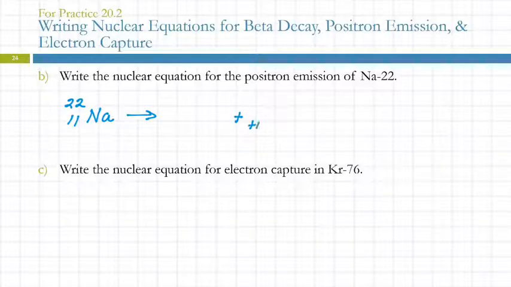So the positron is like an electron, but a positive charge. And then for this daughter, we're going to just do some simple math with the superscripts and the subscripts. So this must still be 22, and the bottom must be 10. Because 10 plus 1 equals 11, 22 plus 0 equals 22. And then we look up element number 10. And we got neon.